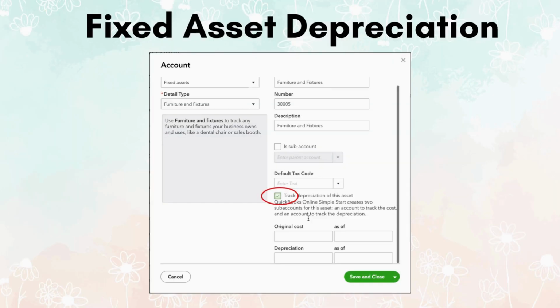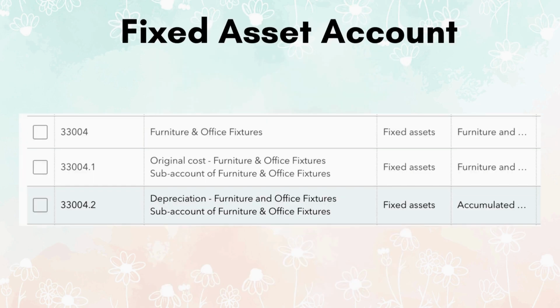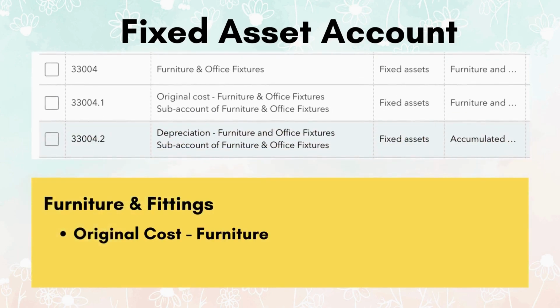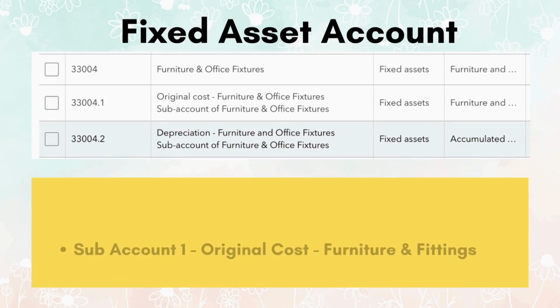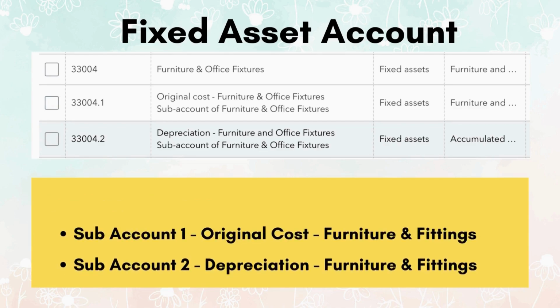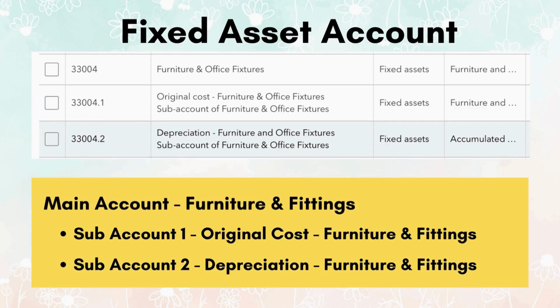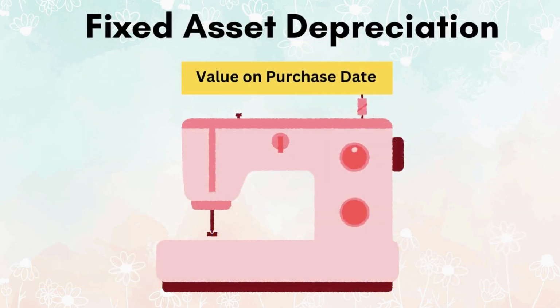For every asset account you create with the Track Depreciation checkbox checked, QuickBooks creates 2 additional accounts. One to store the original cost of the asset and another one to record the monthly depreciation on the assets. These 2 accounts are sub-accounts of the main asset account you created.